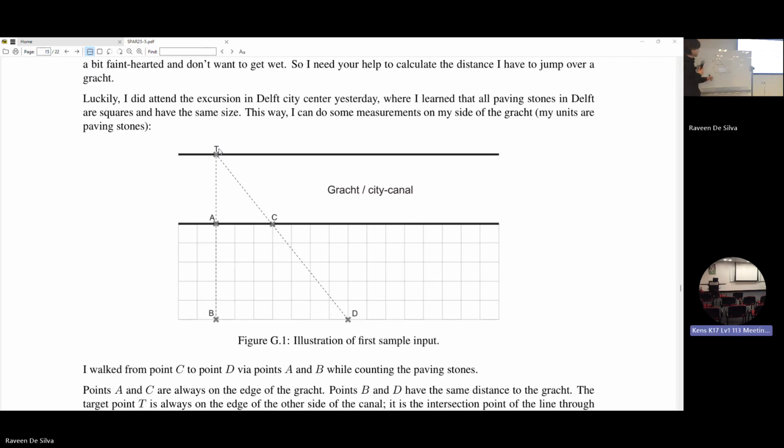So that's your problem statement. You have ABC, you want to find D. You can do this with a bunch of triangle formulas.